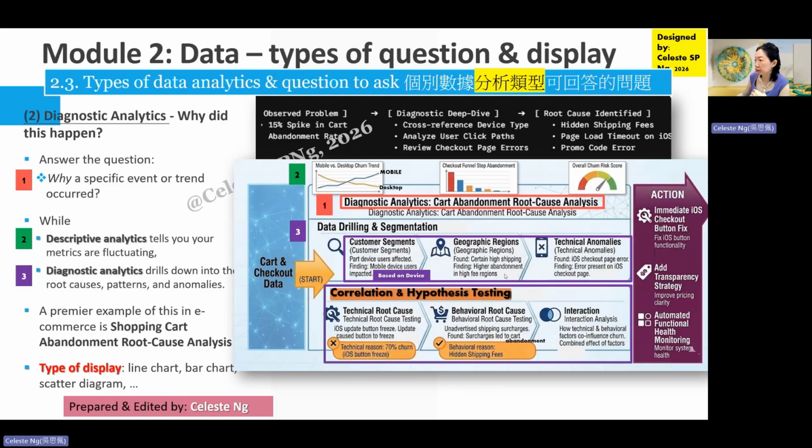So we move on. We do further analysis. Here we can say correlation and hypothesis testing. When we do hypothesis testing, we are doing predictive analytics. But at the very early stage of hypothesis exploration, it may involve starting with the correlation.